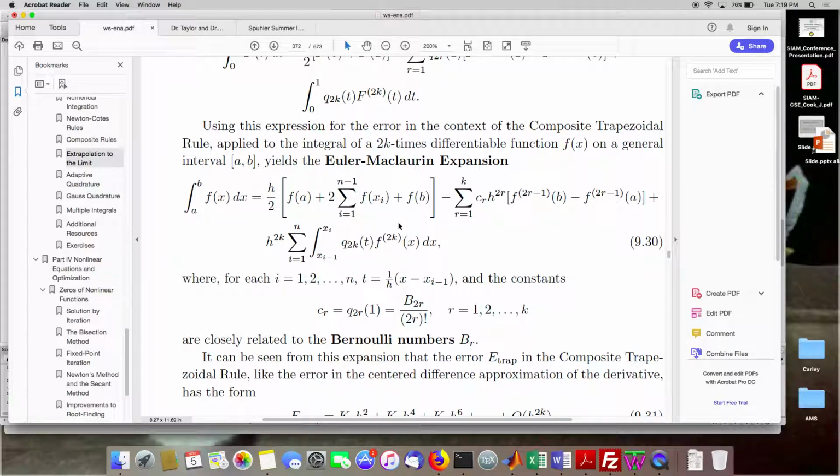There's one other point that's not really related to extrapolation, but it's well worth making anyway. Right here, square brackets, we have a difference of derivatives of f at the endpoints, a and b. Now, let's suppose, just for concreteness, that the interval AB is, let's say, 0 to 2 pi.